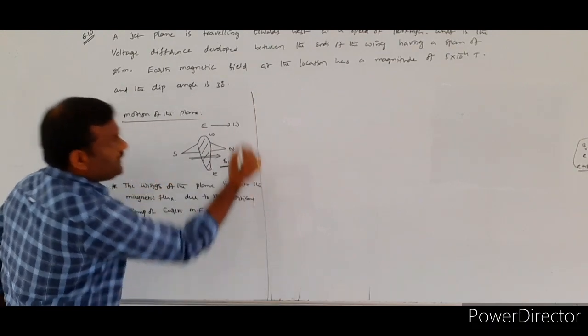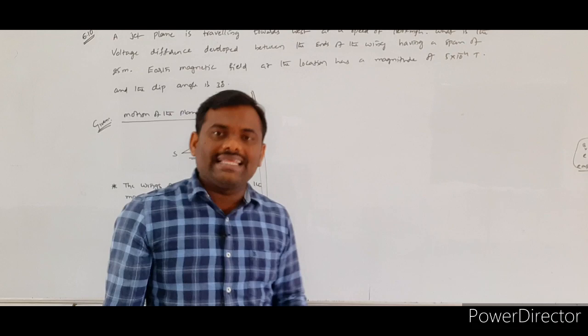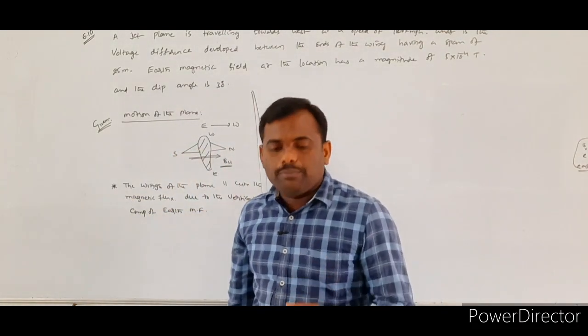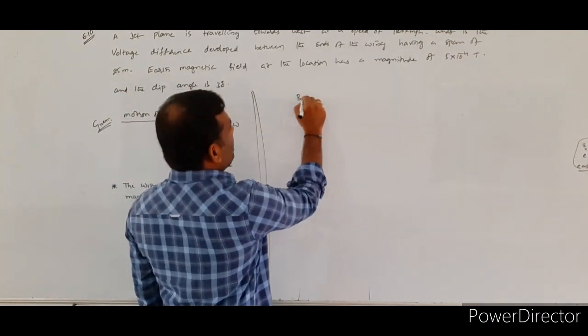So here, the component of the magnetic field we have to consider is the vertical component of the earth magnetic field.